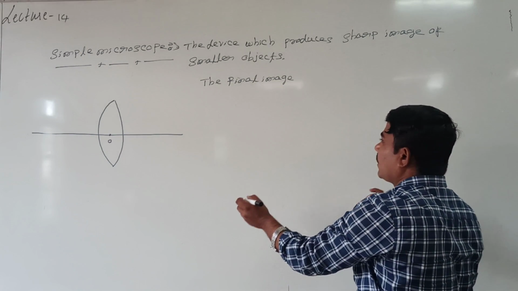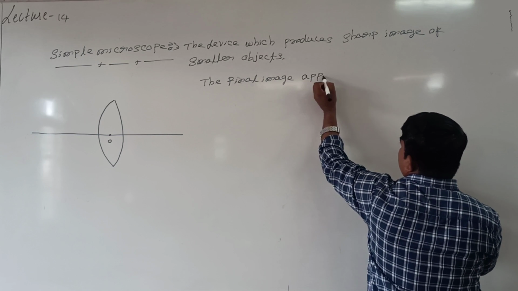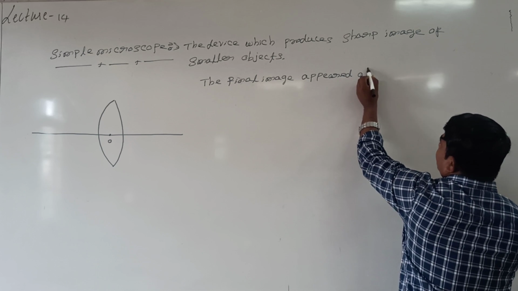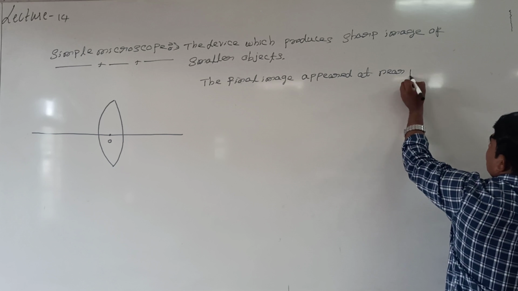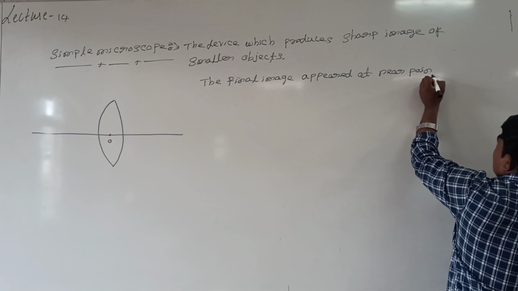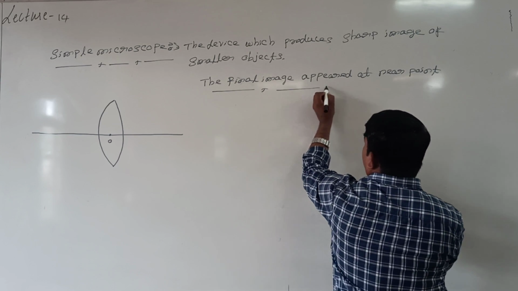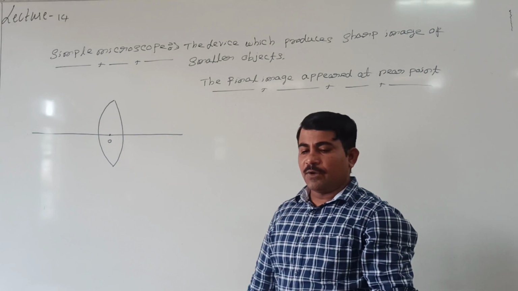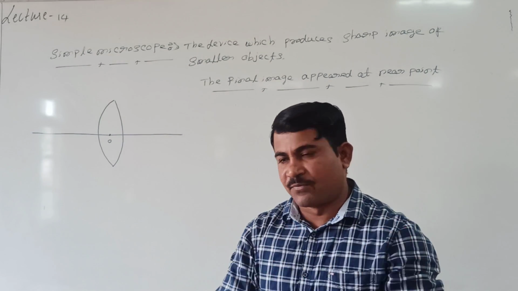Right. Now see here. Now consider the object is placed in between the pole and principal focus.